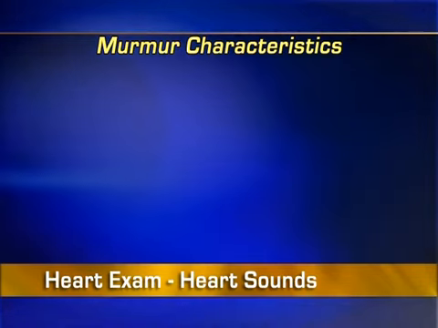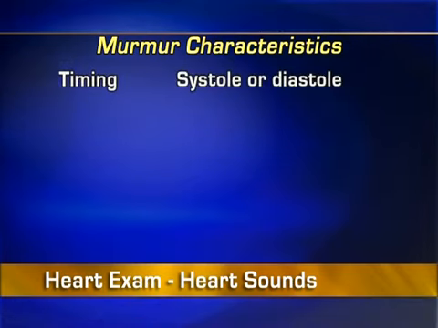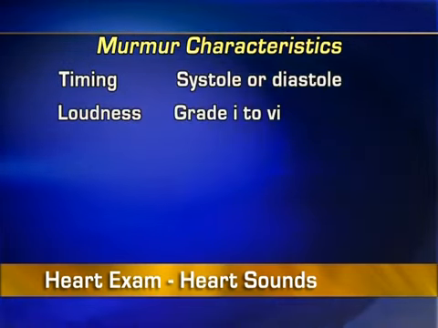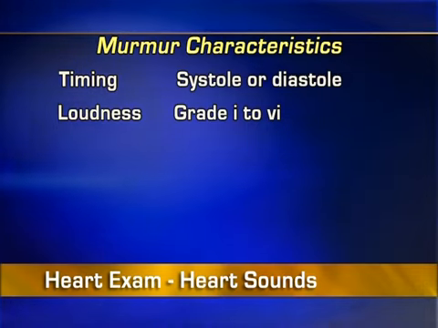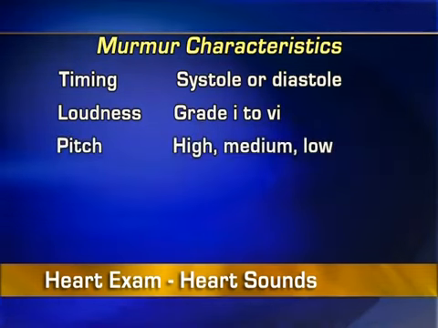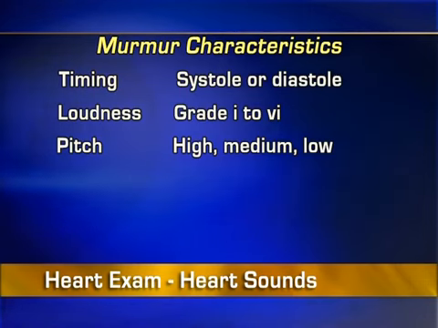If you detect a murmur, note its characteristics, which include timing, such as during systole or diastole. Loudness, from grade 1, for barely audible, to grade 6, for audible even with the stethoscope lifted slightly off the chest. Pitch, which may be high, medium, or low.